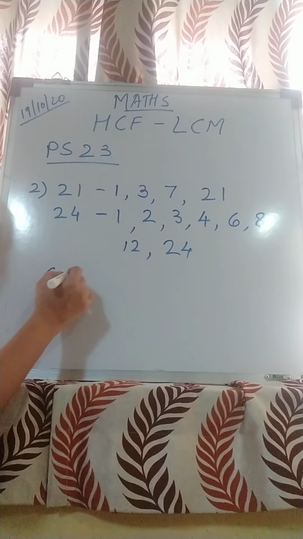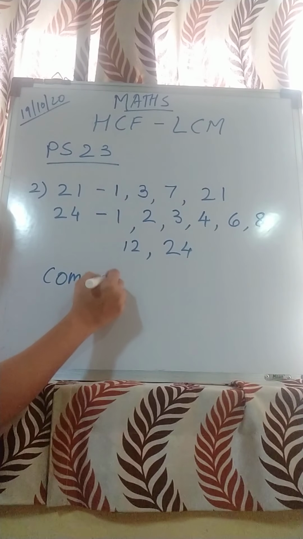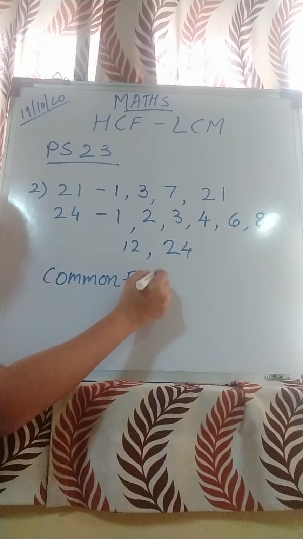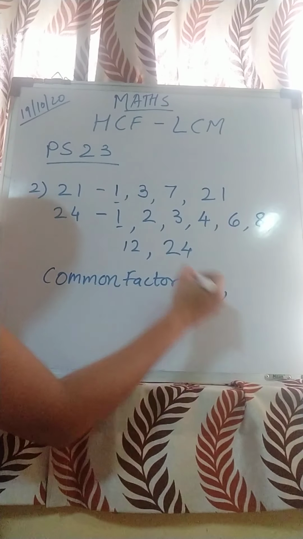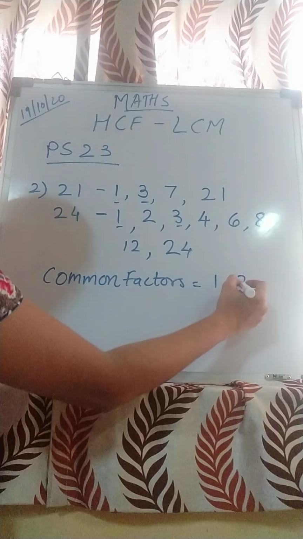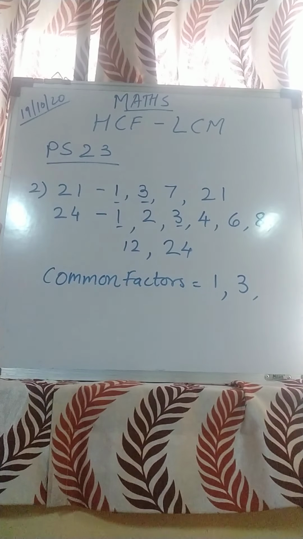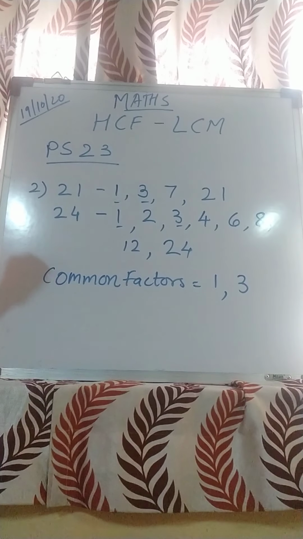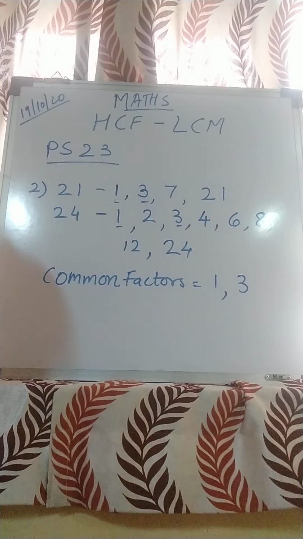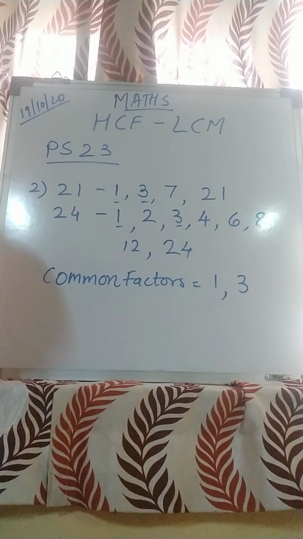So what is the common factor? See, 1 is common, right? Then 3 is common, right? Other than this, is any number common? No. So the common factors are 1 and 3. Understand?